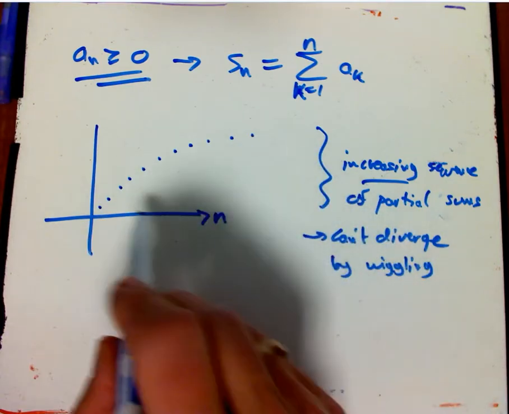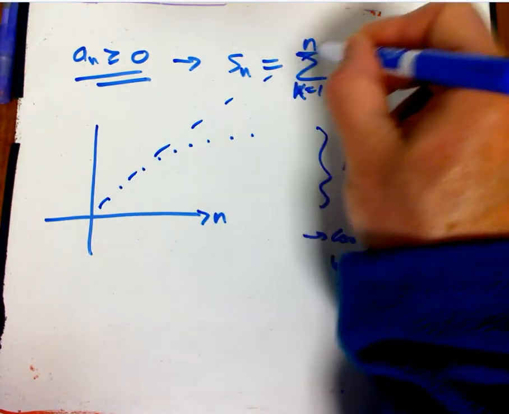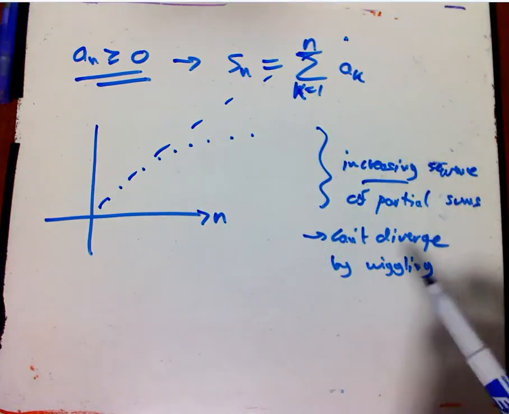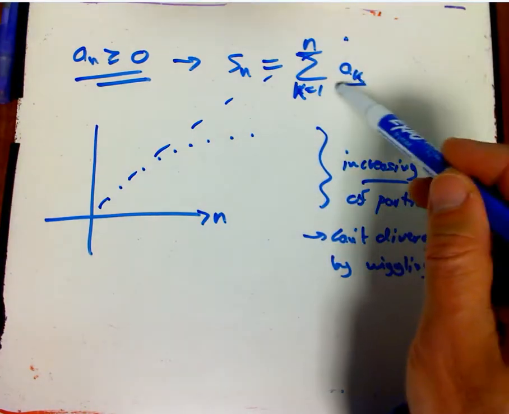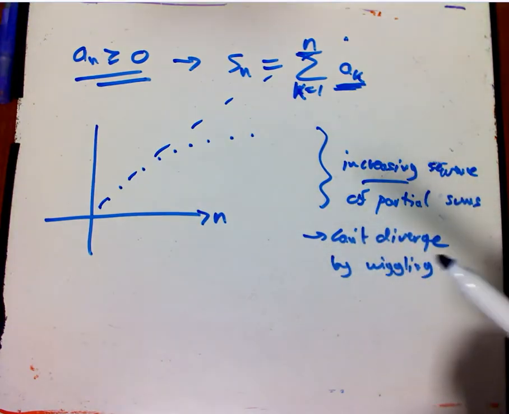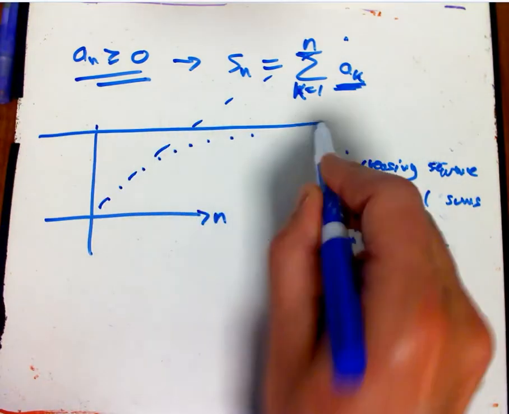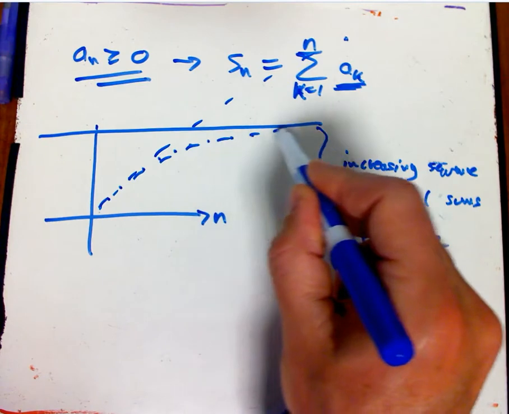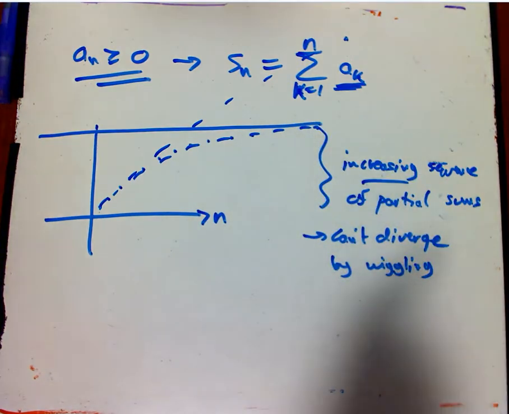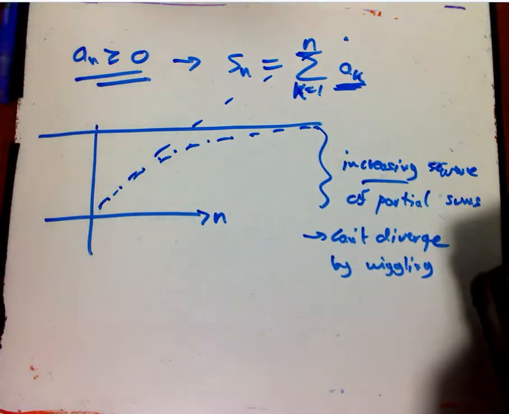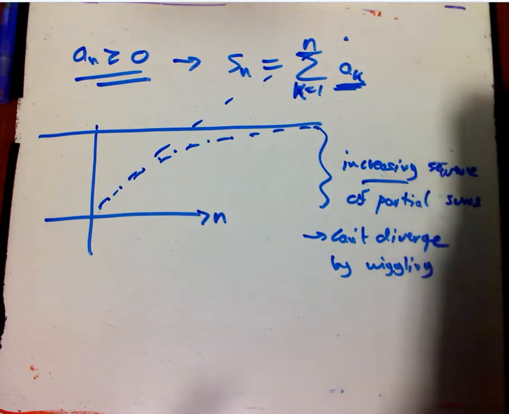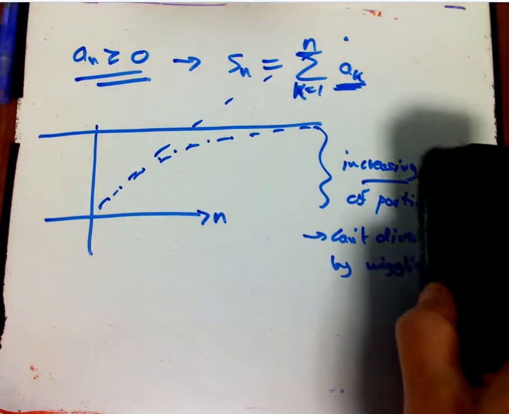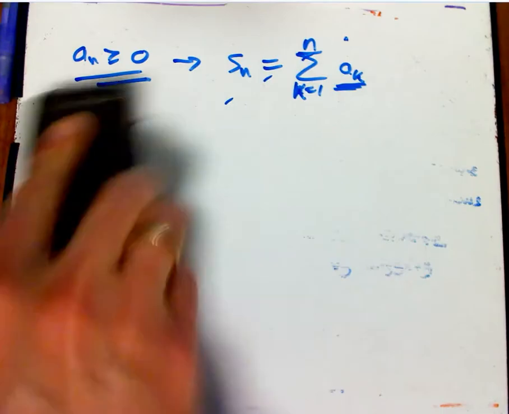The worst it can do is maybe blow up to infinity. And if we know that these things are small in some sense, and that's what the comparison test is going to tell us, we can show that they're going to be capped and forced into a limit. There's some deep stuff there about the real numbers: if you don't diverge by wiggling and you don't go off to infinity, you must converge to something. But that's the slogan version anyway.